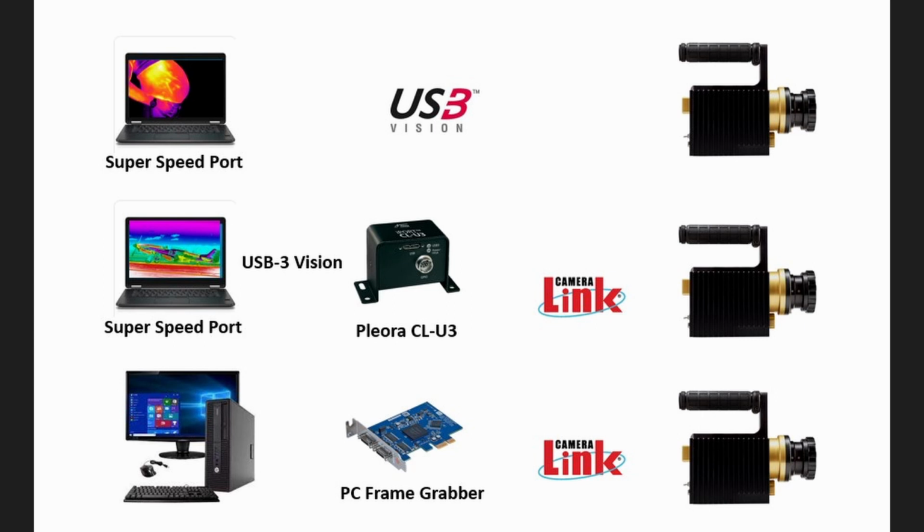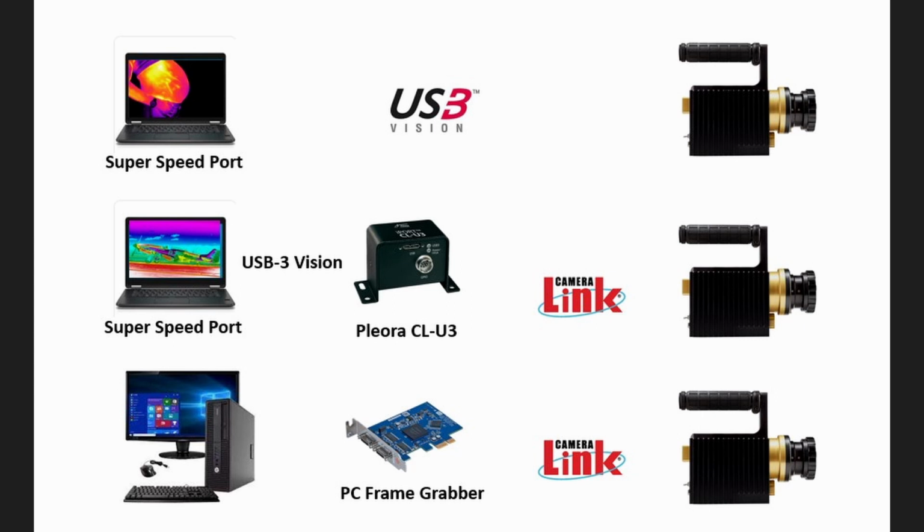If we're using a USB 3 Vision interface, then we have the option of eliminating the third-party frame grabber and using Nyx Connect exclusively. And there are 2 ways to get a USB 3 Vision interface.